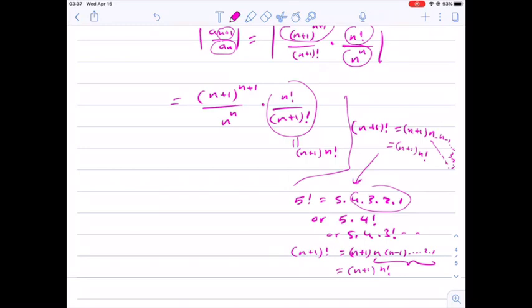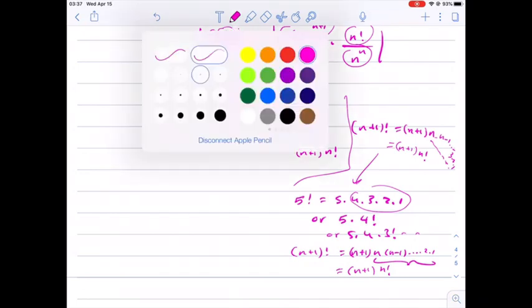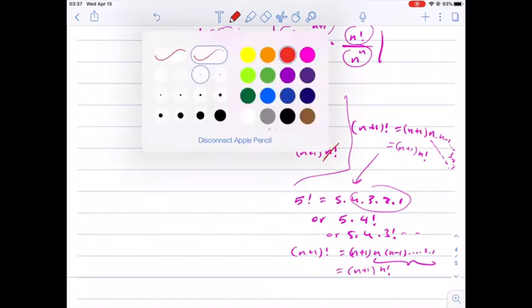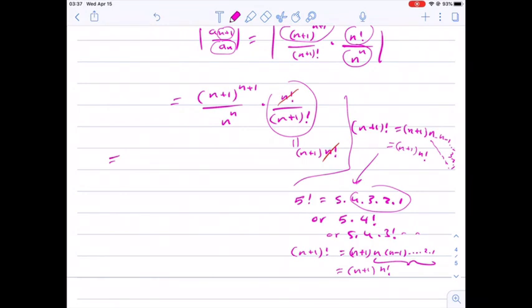Now, we wrote the denominator as n plus 1 times n factorial, and we can simplify this. We can cancel n factorial with n factorial, and we get n plus 1 to the power n plus 1 over n to the power n times 1 over n plus 1.